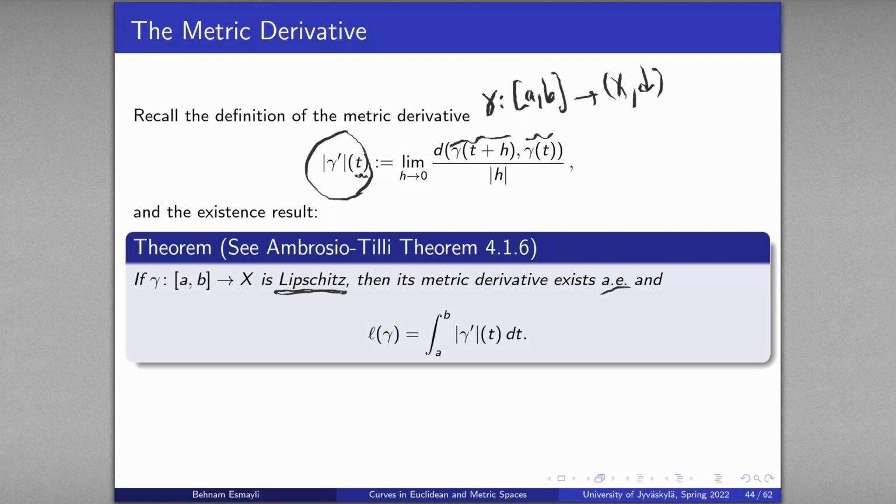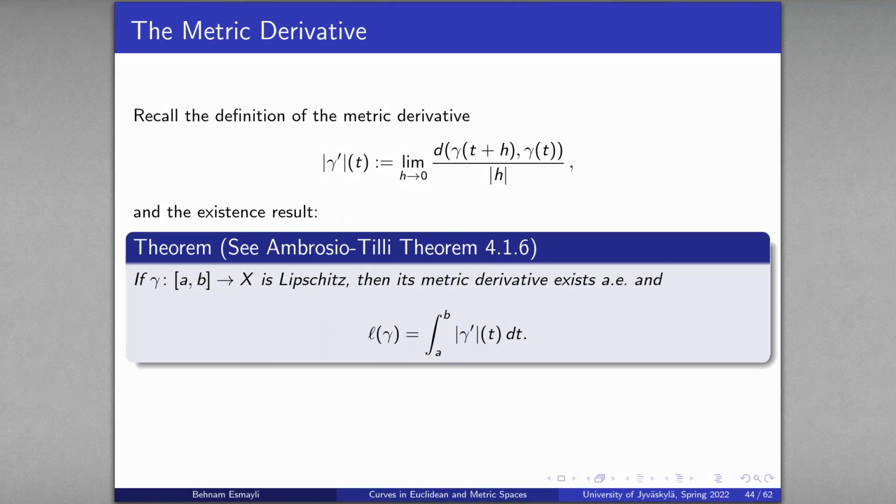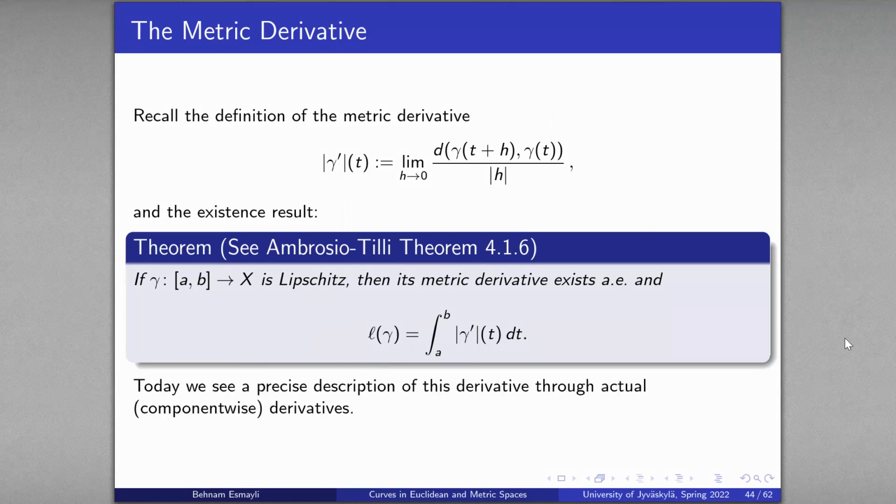And once you integrate it, you recover the length of the curve, which was the variation of gamma defined through partitions of [a, b]. Today, we will talk about a precise description of this derivative through actual componentwise derivatives.